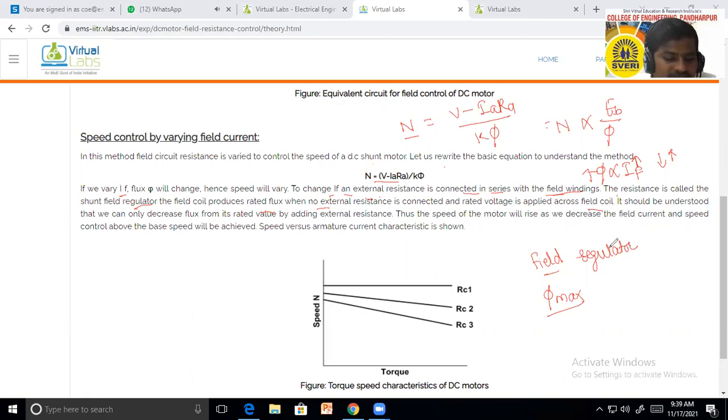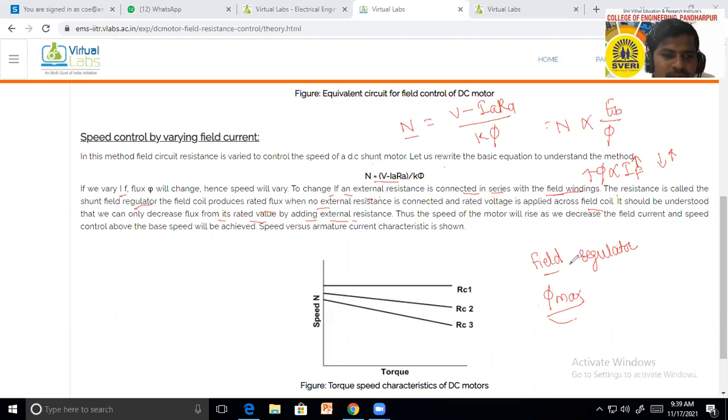When the rated voltage is applied across the field coil and no resistance is inserted in series with the field winding, at that situation the flux is maximum, or the rated flux is produced. Okay, now it should be understood that we can only decrease the flux from its rated value by adding an external resistance.